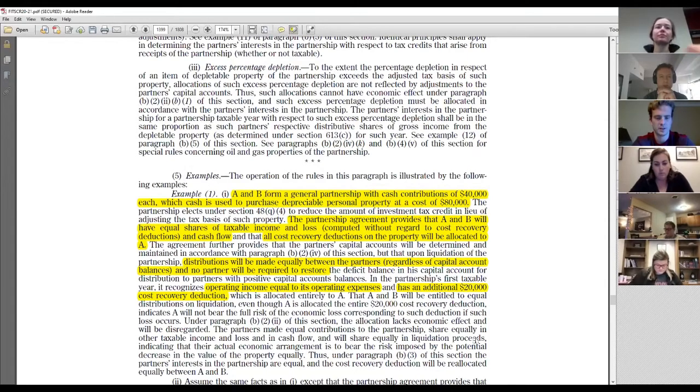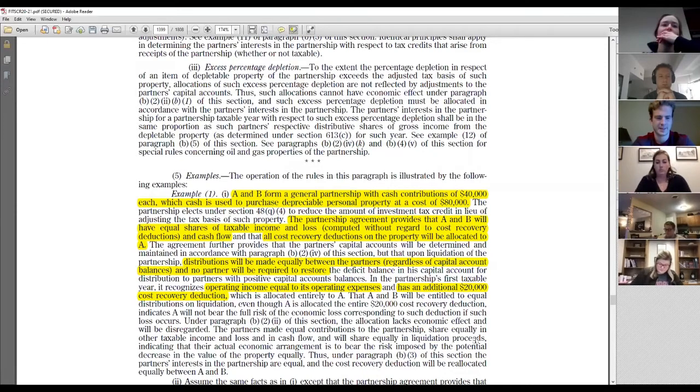It also lacks economic effect under the alternate test because prong 2 is not satisfied. So it lacks economic effect under both tests, and therefore we reallocate under the partner's interest in the partnership.